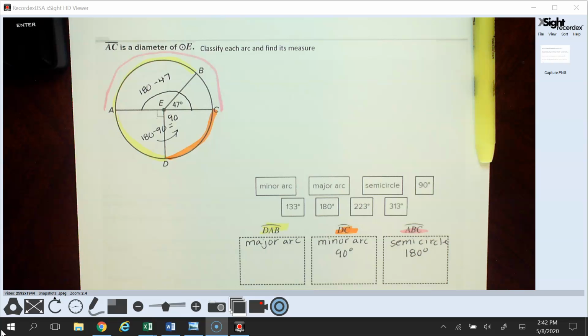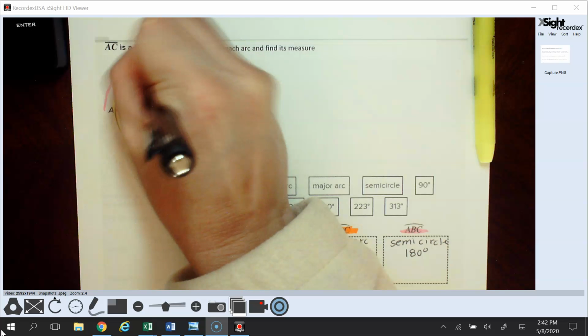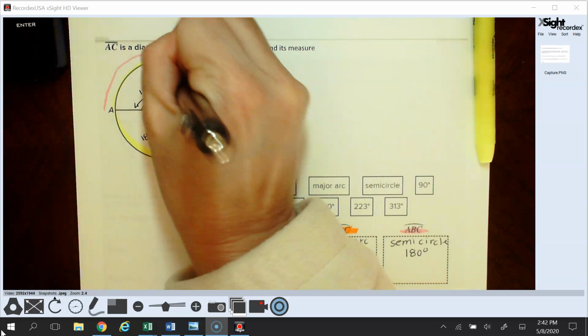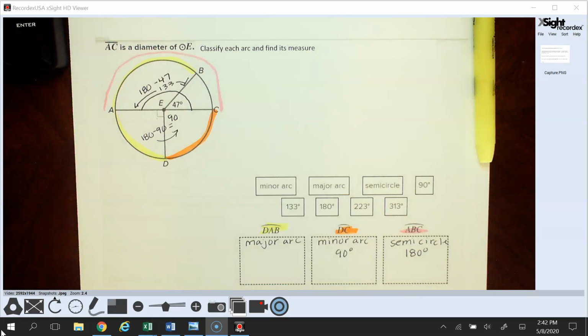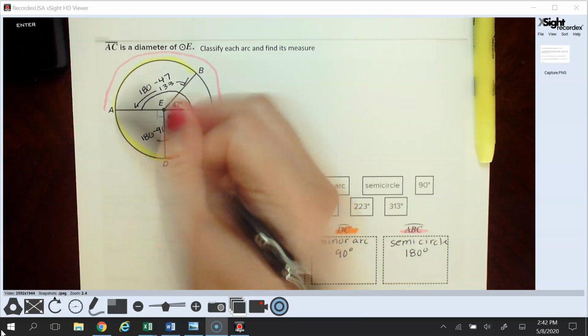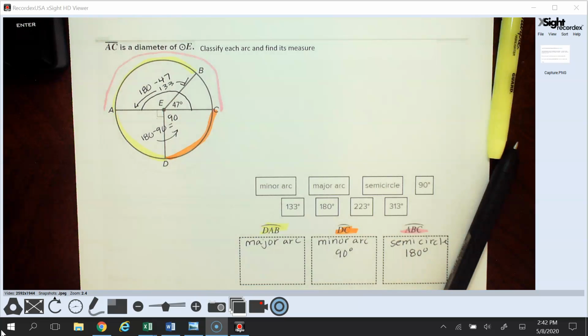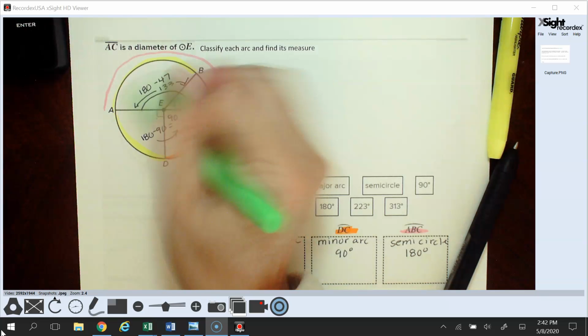So I know that from this to that is 133. Now, the reason I need to know that is it's asking me to find DAB. So I want to get from here all the way down from here.